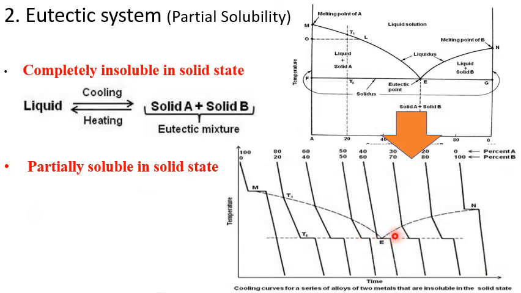The temperature remains constant, which is what we call the eutectic composition. This is the horizontal line corresponding to the eutectic temperature. At 100% A we get the melting point of A, and at 100% B the melting point of B. Temperature on the y-axis and time on the x-axis remain the same here.